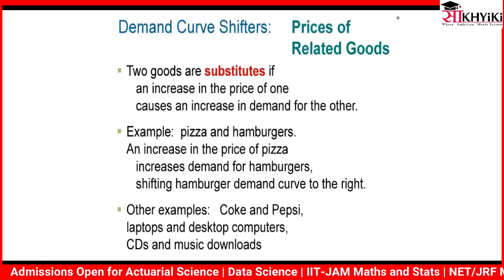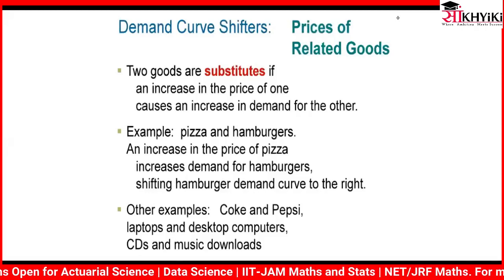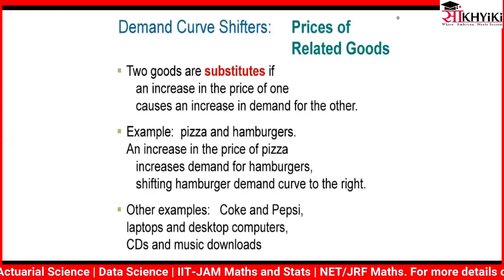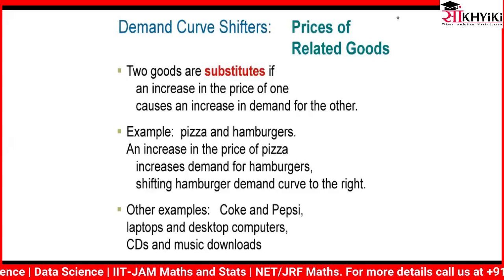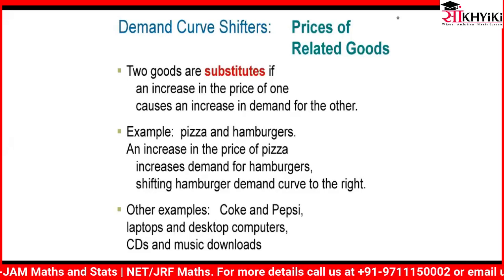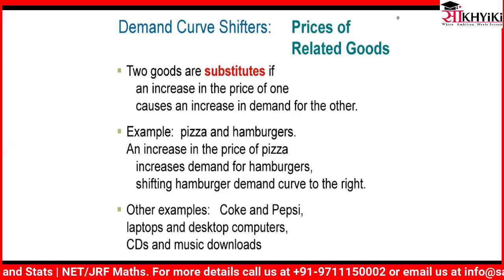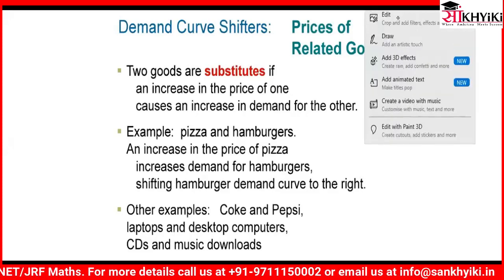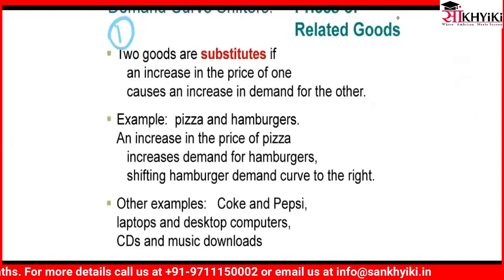The next factor that we have to consider is called the price of related goods. Here, I'm going to talk about two goods. The first good is called a substitute good. Now what is a substitute good?